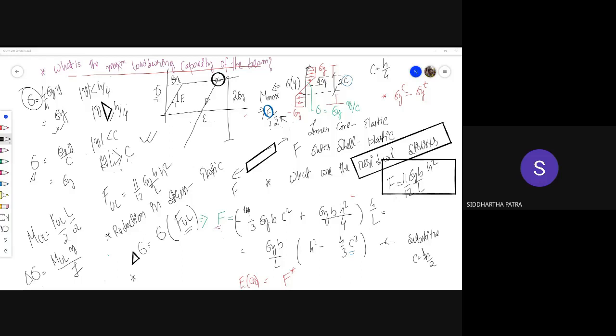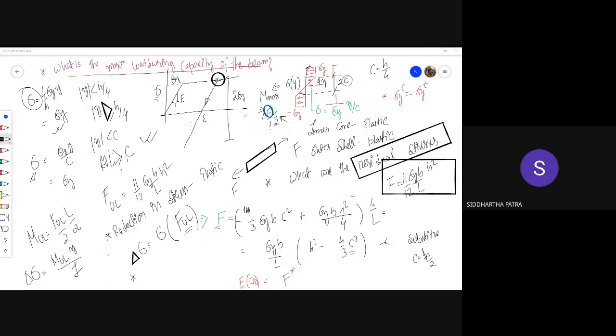So you have got certain stresses due to that loading part. In the elastic core you have certain stress, in the plastic shell you have certain stress, that you have got at the end of the loading part.